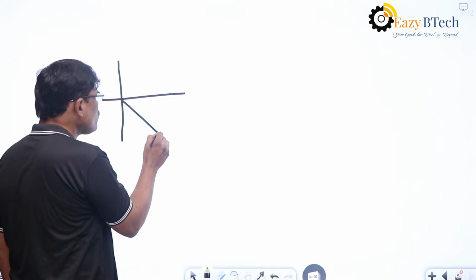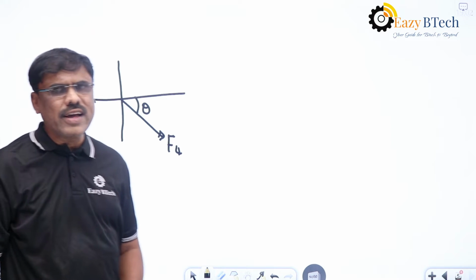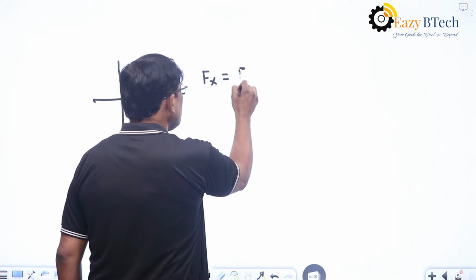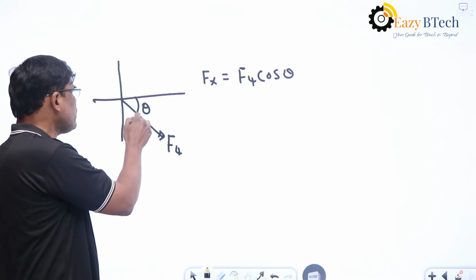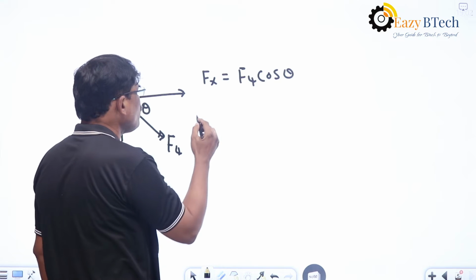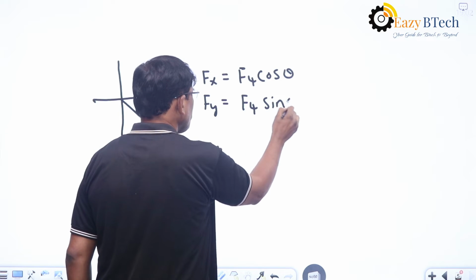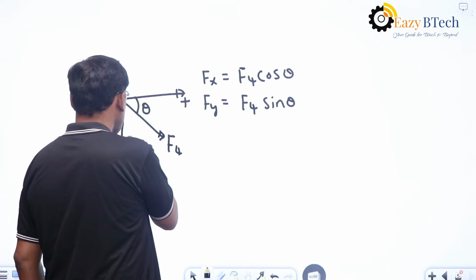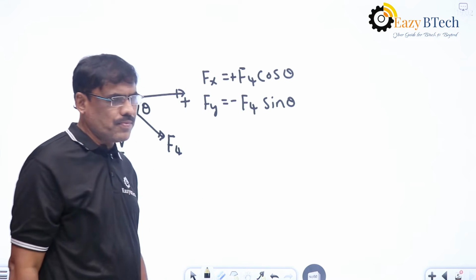If a force F4 is making an angle theta with the x-axis and it is acting in the fourth quadrant, then Fx is equal to F4 cos theta and Fy is equal to F4 sin theta, from the basics of trigonometry I told you already. When it comes to the direction, the x component is positive and the y component is minus. So this is plus and this one is minus.